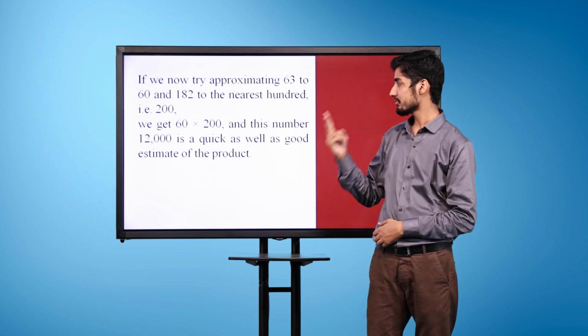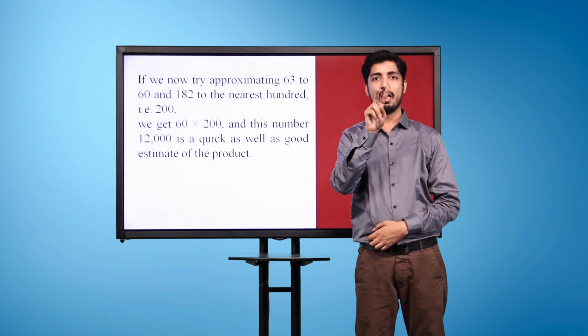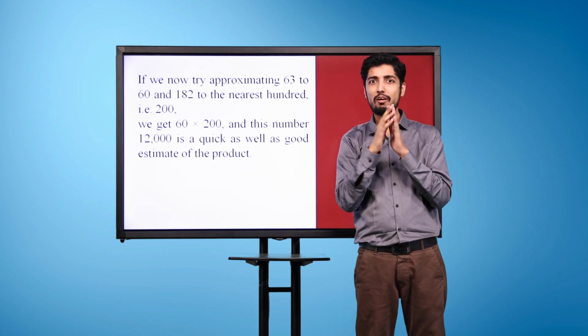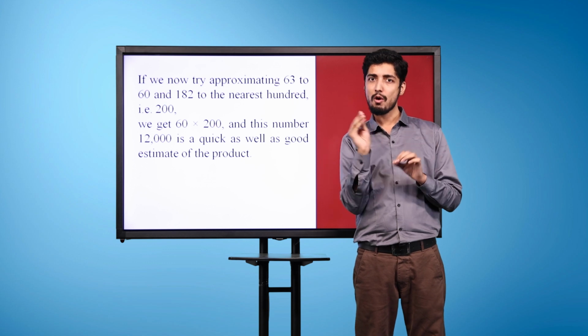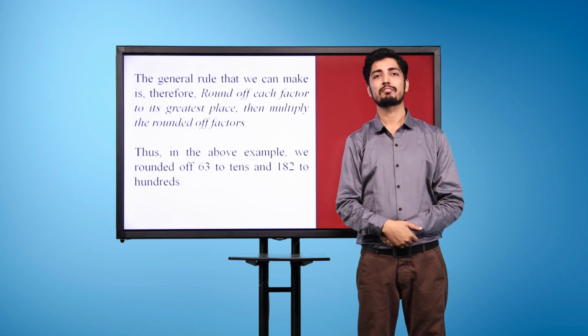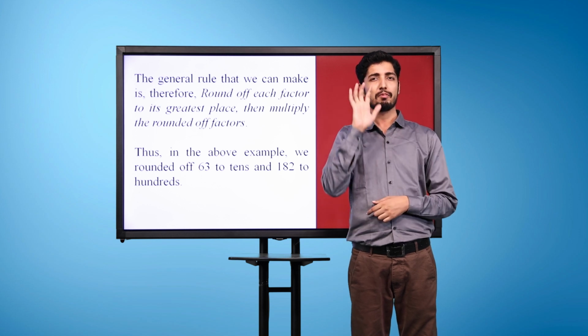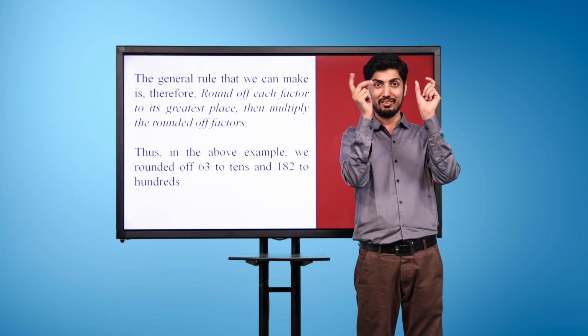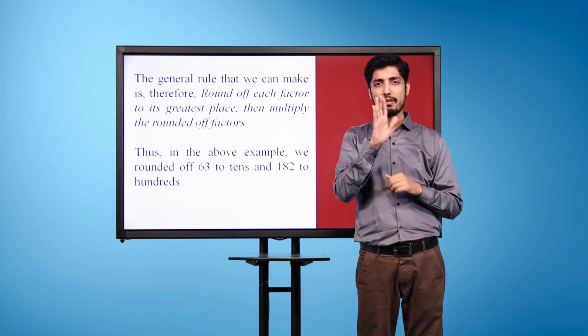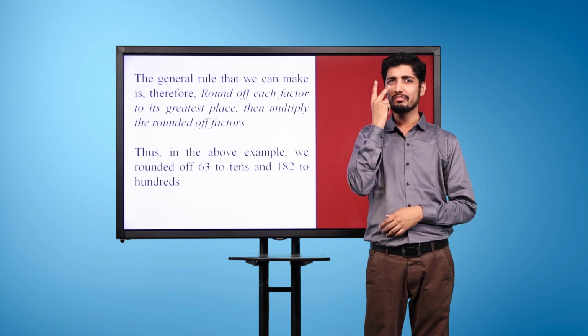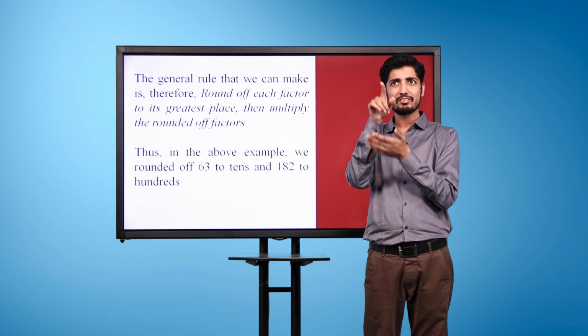And this number, 12,000, is a quick as well as good estimate of the product. The general rule that we can make is, therefore, round off each factor to its greatest place, then multiply the rounded off factors.